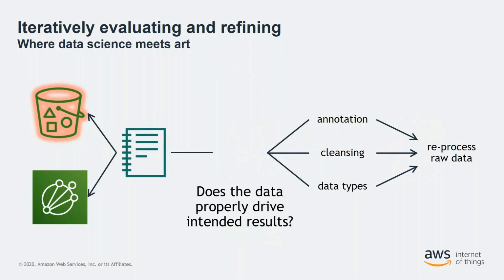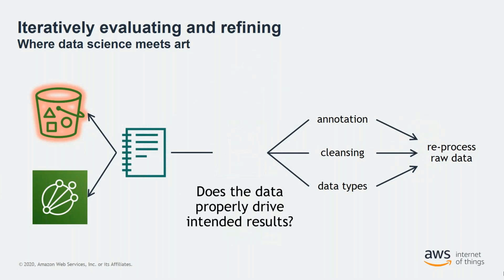But that's, again, not the last thing for you to do, because this is really an art form. Identifying the right set of algorithms to apply to the right data sets, categorizing the data properly, cleansing the data properly, identifying the right data types that you want to use for the actual target algorithm is really still an art form in the industry.